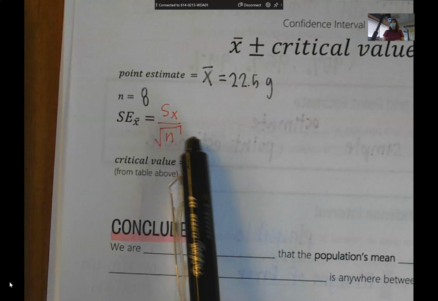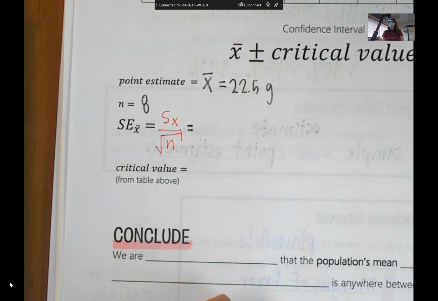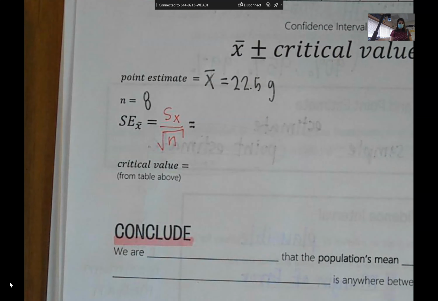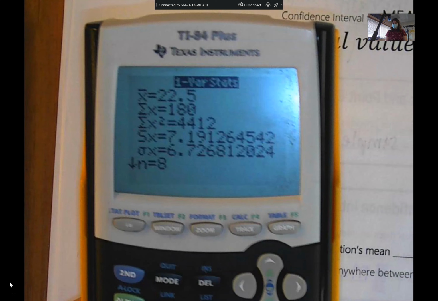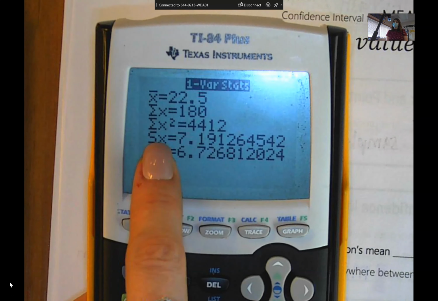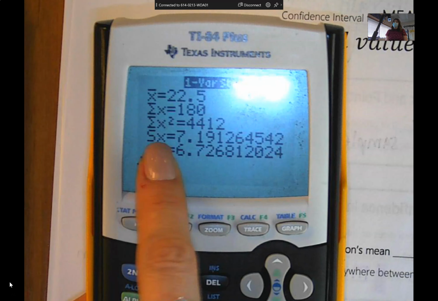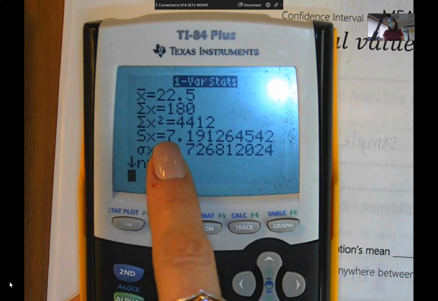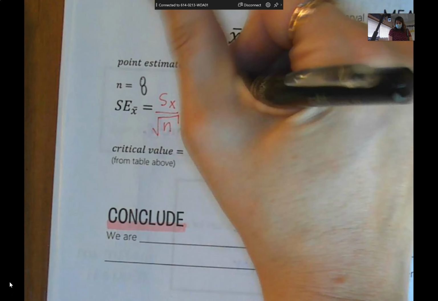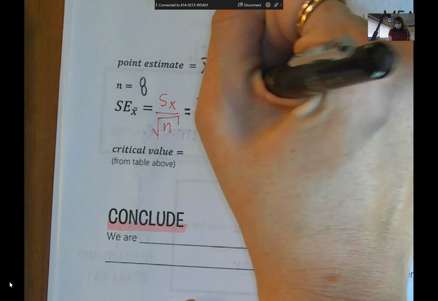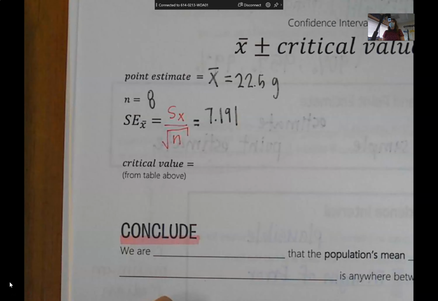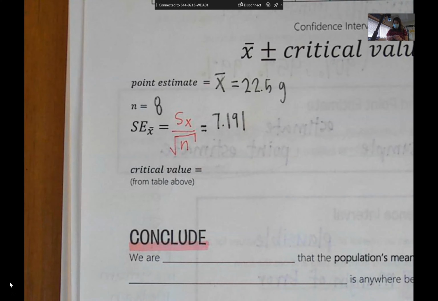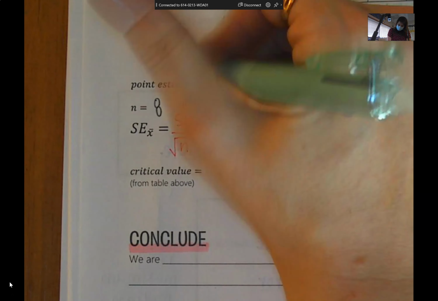So this formula is new. And this is why I had us enter our sample into our calculator, because now our calculator gives us S sub x. So our standard deviation is 7.191. We got that from our calculator. If you think you might be confused on that later on, maybe write yourself a note.